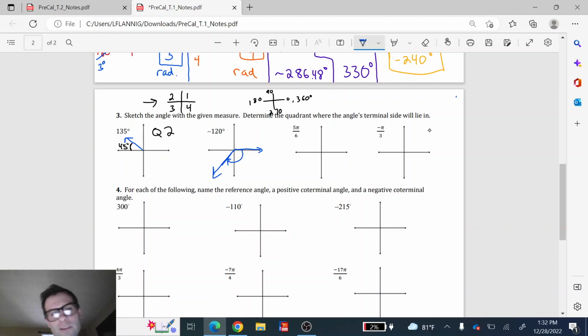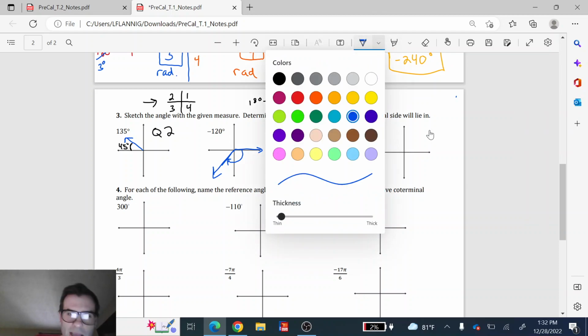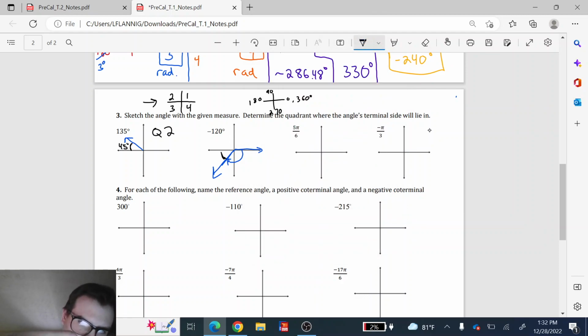That is negative 120, even though 120 would look almost the opposite of that. So we look for our coterminal angle. The idea behind that, again, is where the closest way to an x-axis is, and it's there. So it's 180 minus 120, and that's 60 degrees right there. It's that 60 degree angle. This is in quadrant 3.